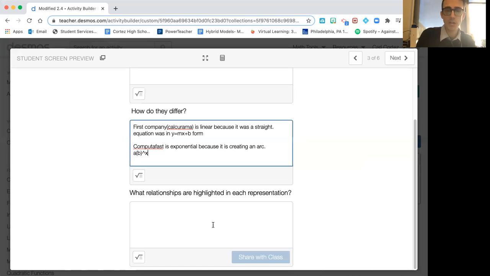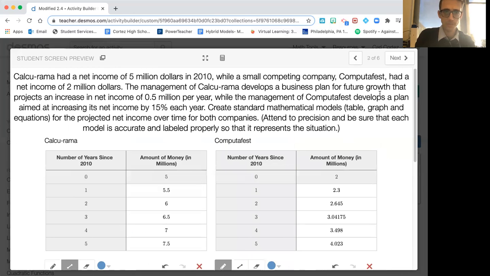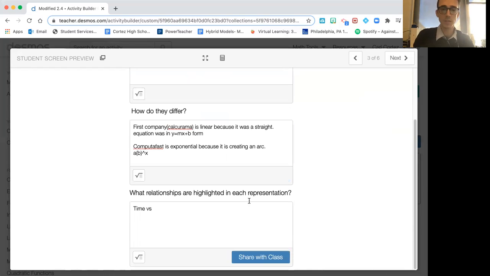What relationships are highlighted in each representation? Definitely measuring time, and then the number of people or money. Was it people or money? Yeah, money. So this is really measuring time versus money.